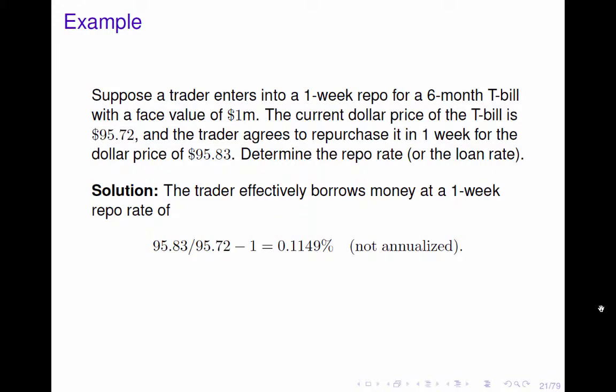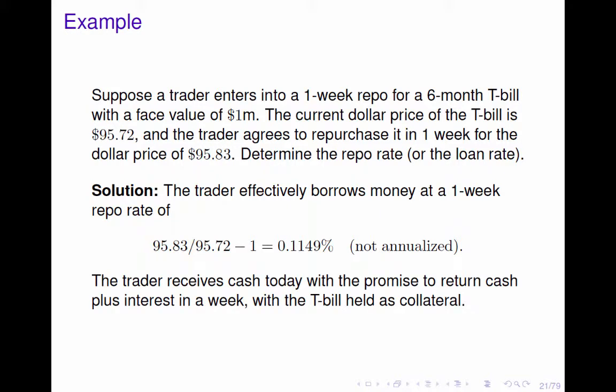The trader effectively borrows money at a 1-week repo rate of 95.83 divided by 95.72 minus 1. Note that this rate is not annualized. With the repurchase agreement, the trader receives cash today with the promise to return cash plus interest in a week, and the T-bill serves as collateral.